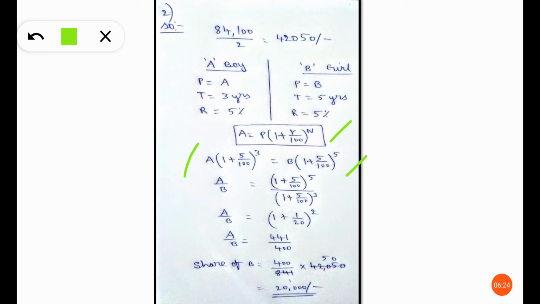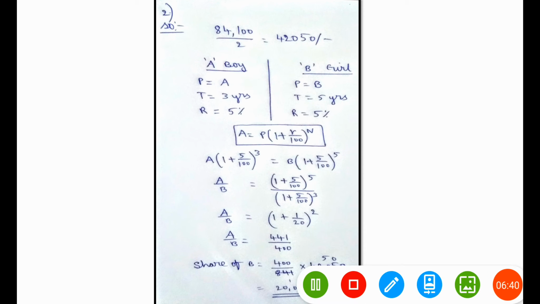Next, A by B equal to 1 plus 5 by 100 whole to the power of 5 by whole cube. That is, denominator goes up and 5 minus 3 becomes 2.